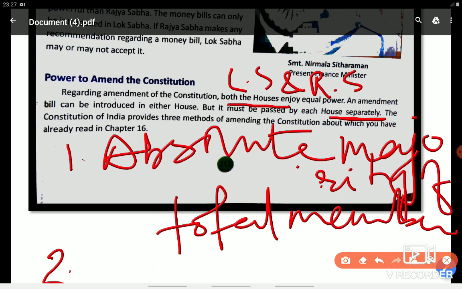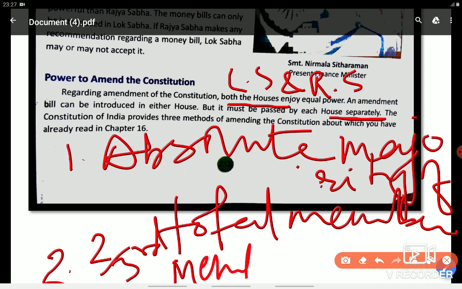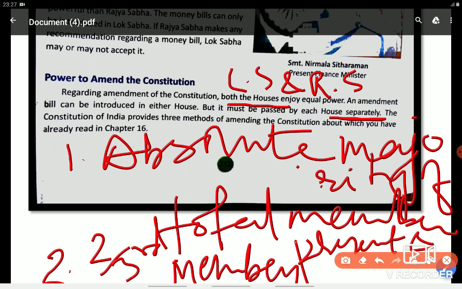The second process of special majority is 2/3 majority of members present and voting. So in chapter 16 we discussed that in special majority there are two cases: one is absolute majority and the second is 2/3 of the members present and voting. And most of the provisions of the Constitution are passed by special majority.